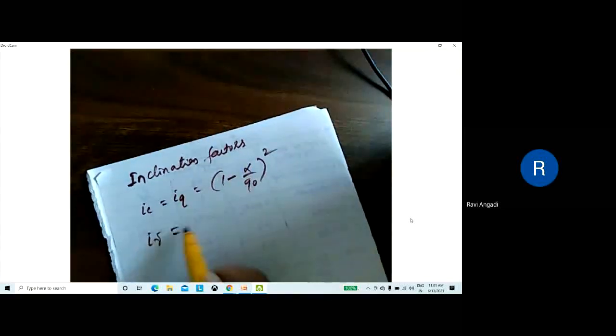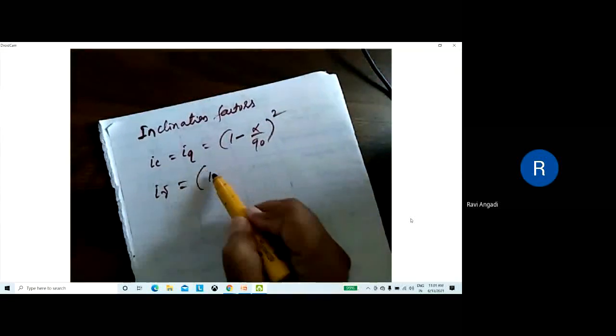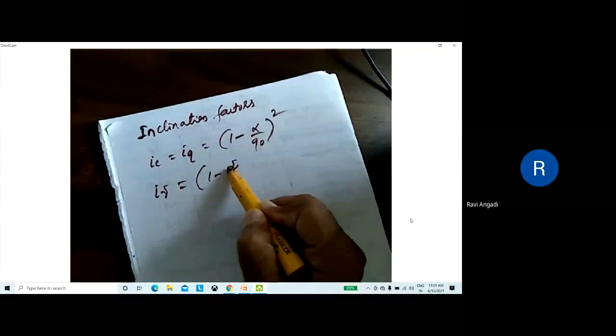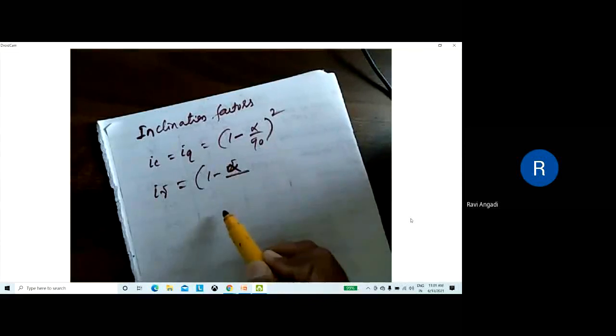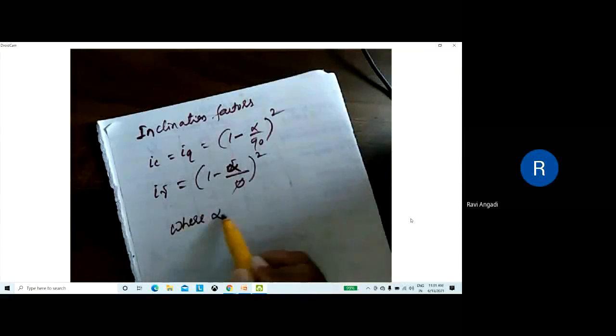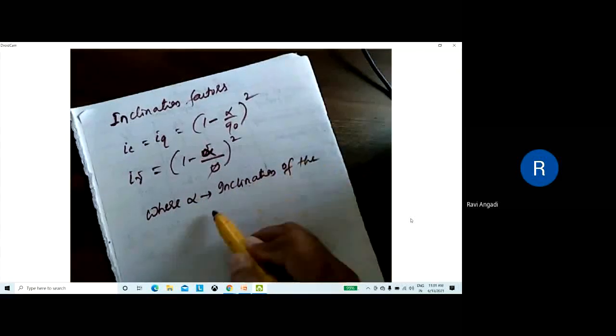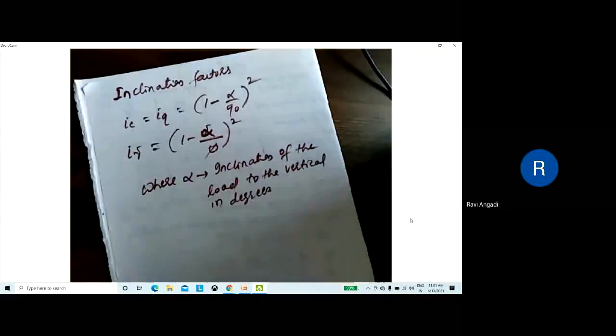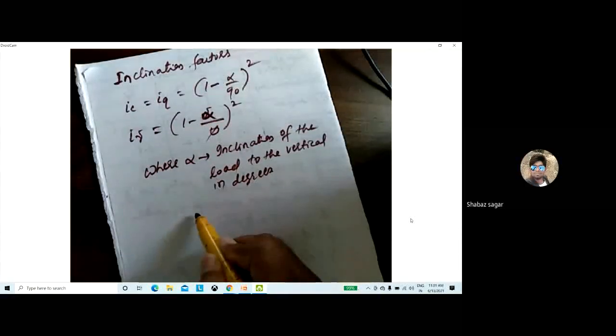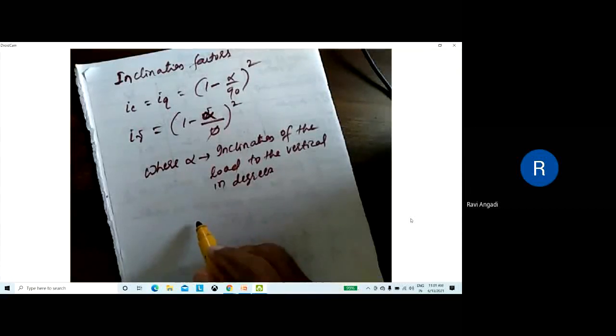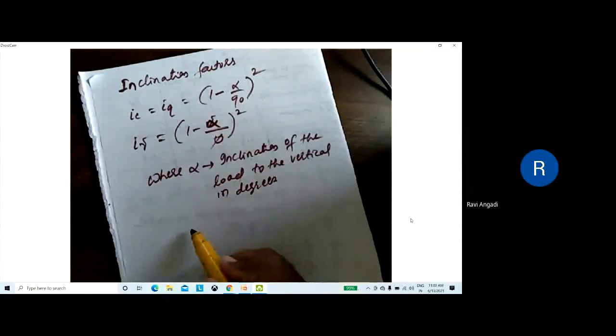Then I gamma is equal to 1 minus alpha divided by phi, whole square, where alpha is the inclination of the load to the vertical in degrees. So these are the inclination factors. You have to remember. Sir, these formulas are the same for all footings? Same for all. Only the shape factor will change, right?